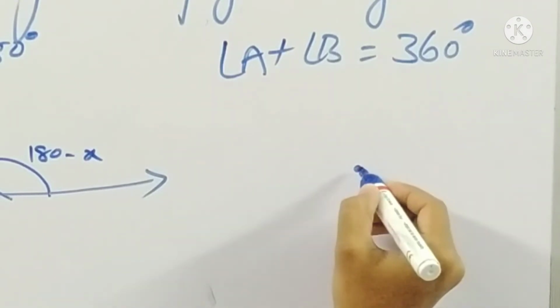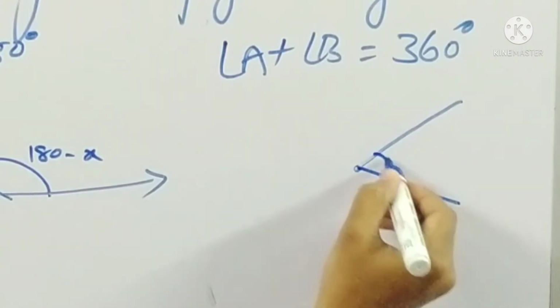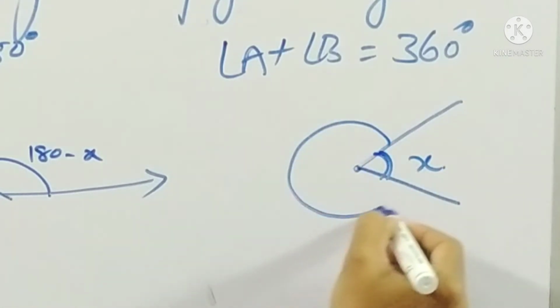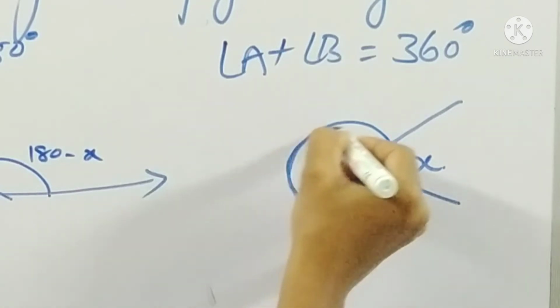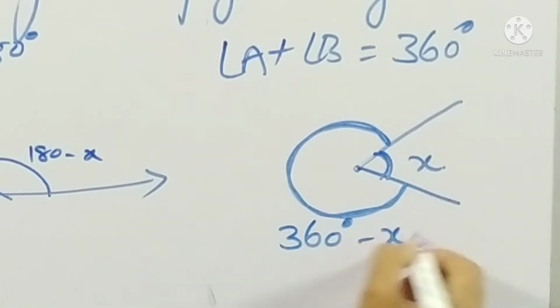But if one angle is x degrees, what about this remaining angle? It is 360 minus x. So the conjugate angle of x is 360 minus x.